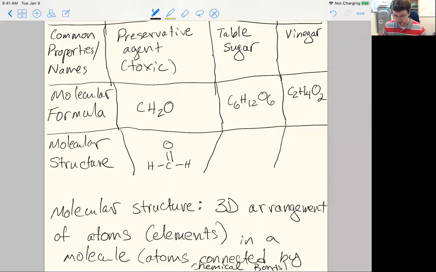Okay, so the molecular structure of table sugar, or glucose, is actually a fair bit more complicated. It has kind of a hexagon shape to it. We have hydrogen being connected to, sorry, it looks a little sloppy.